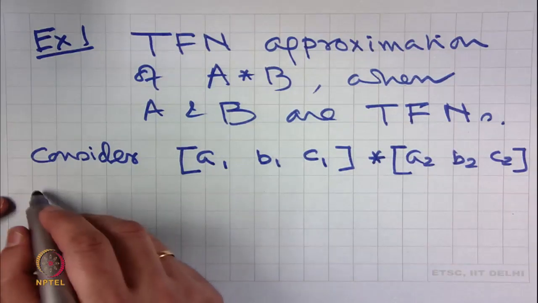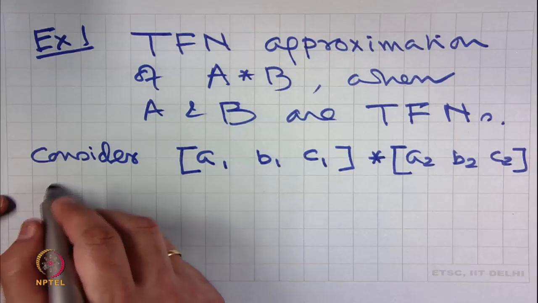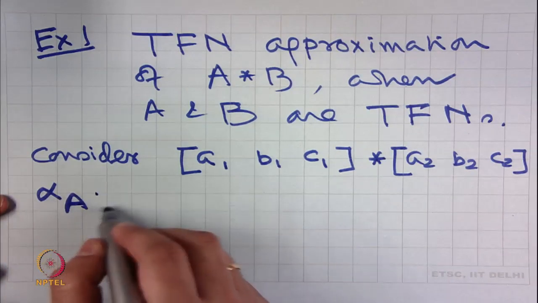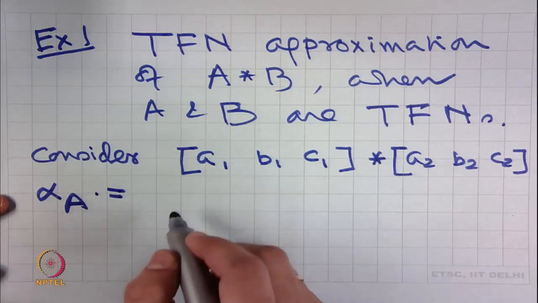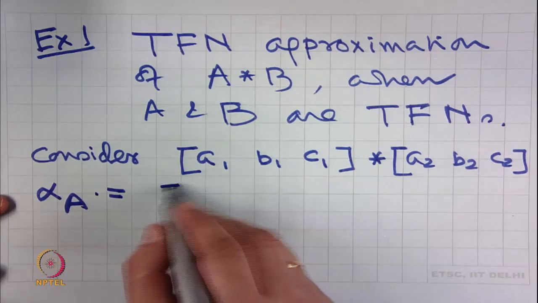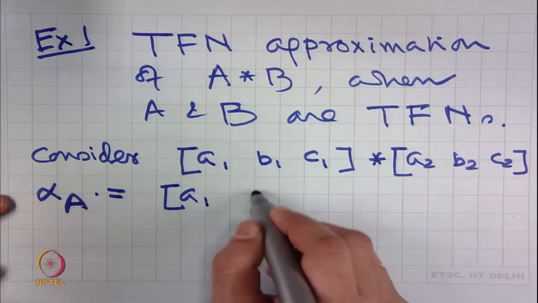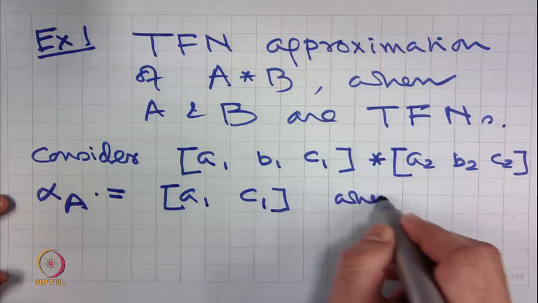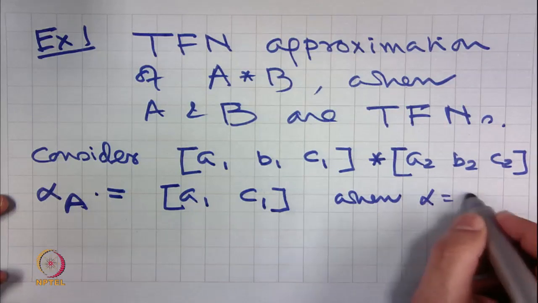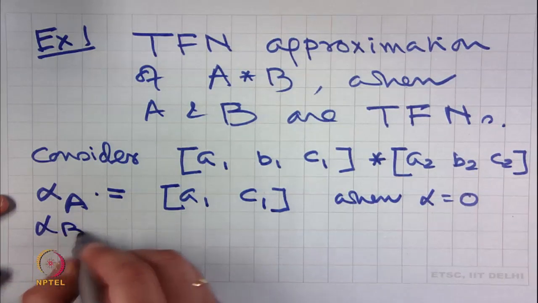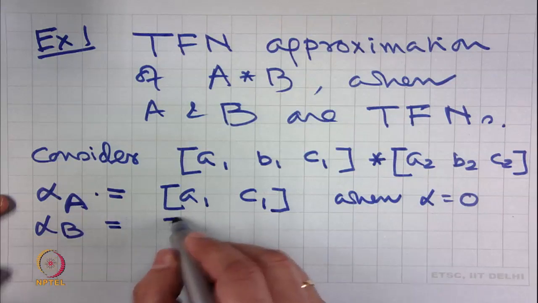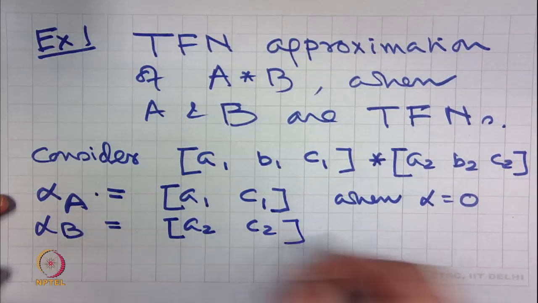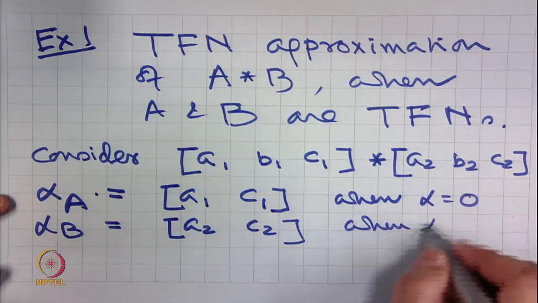We can get the following: alpha cut of A is equal to A1 C1 when alpha is equal to 0, and alpha cut of B is equal to A2 C2 when alpha is equal to 0.